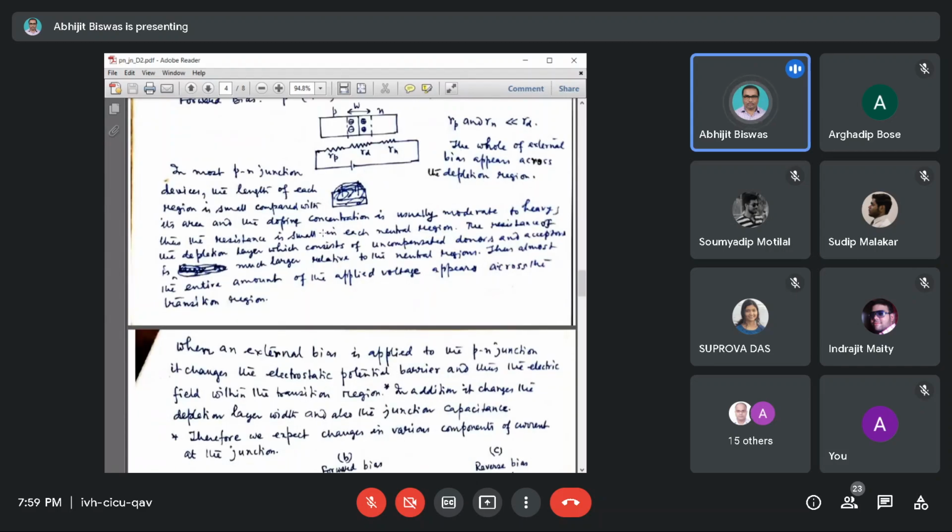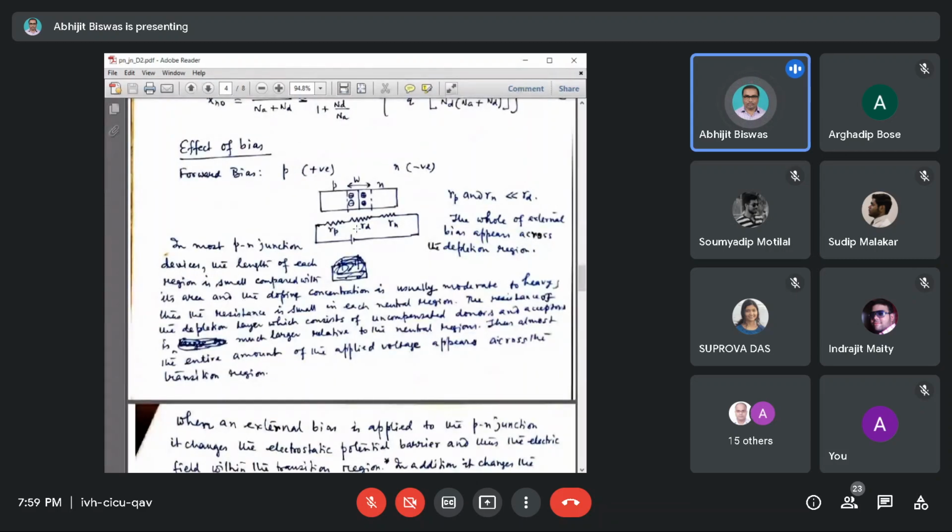You know this equation, the Shockley equation or diode equation. The diode current ID is equal to I0 times e to the power qV by kT minus 1.